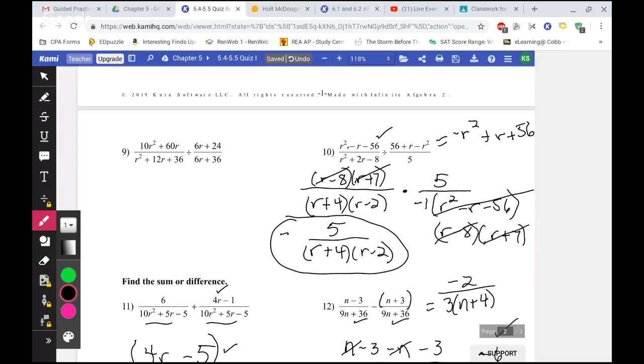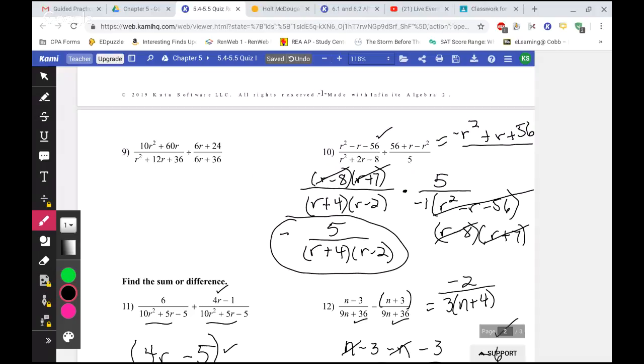See how it's written at the top in the numerator? 56 plus r minus r squared. Do you see how similar that is to the numerator over here? All I did here is multiply; it's actually equal to this, but it's written in standard form.